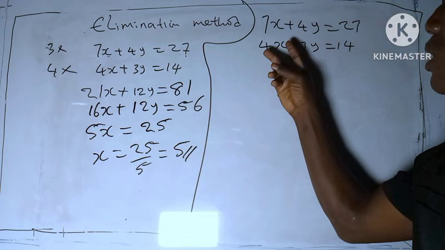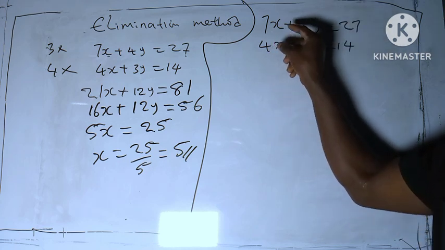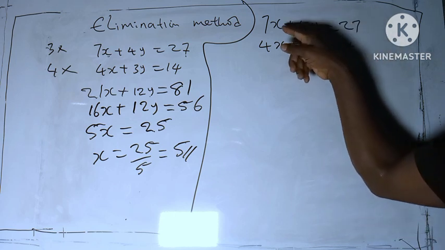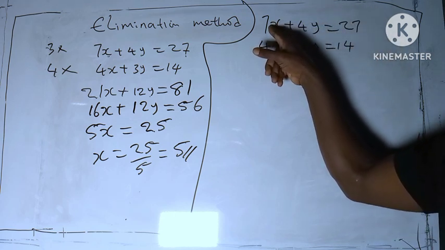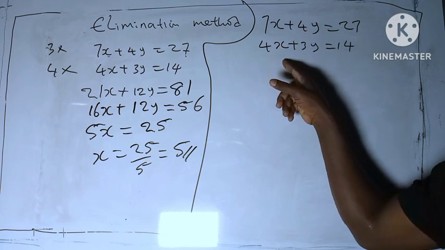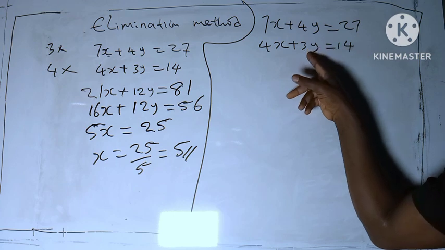The same way, let's think of two numbers such that when they multiply these two equations, the coefficient of x will be the same in equation 1 and equation 2, so that we cancel this x, then look for the value of y.